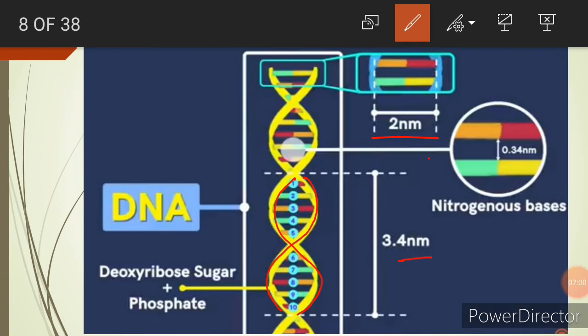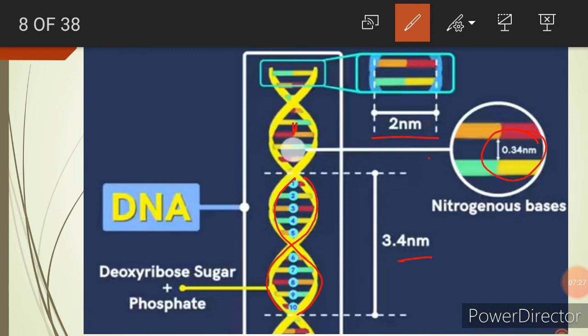Now, can you help me with the distance between two adjacent base pairs? How much is the distance? That is 0.34 nanometer.